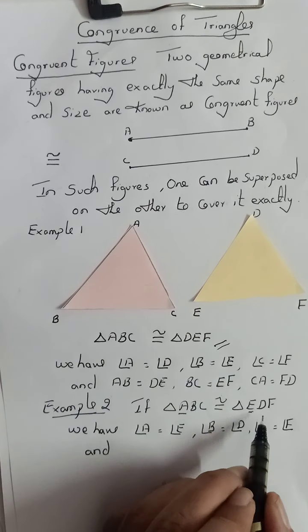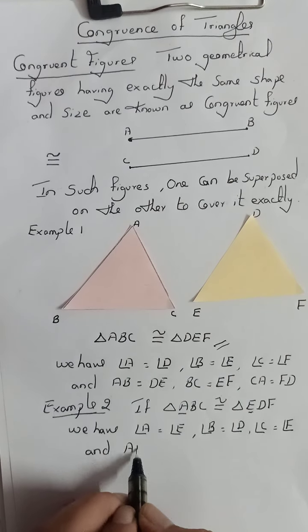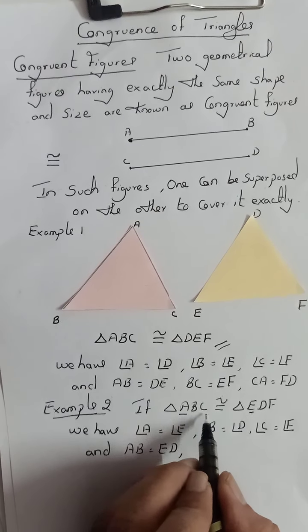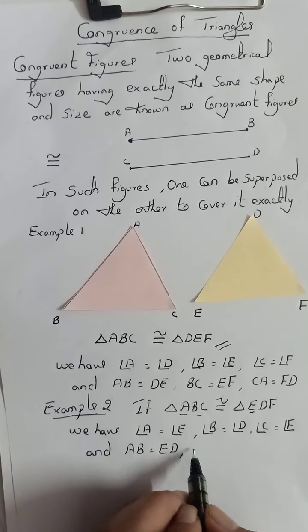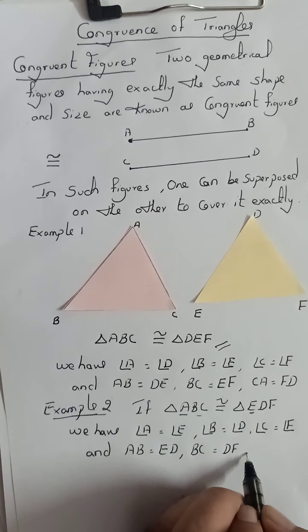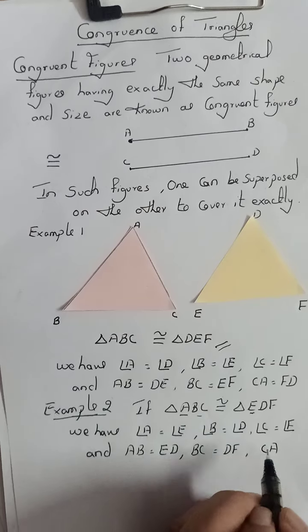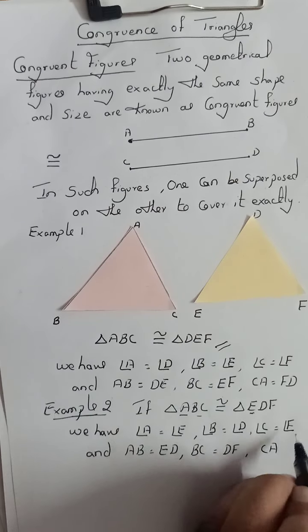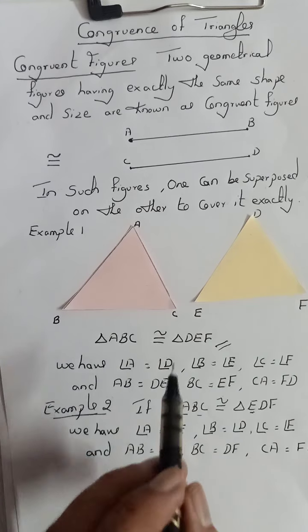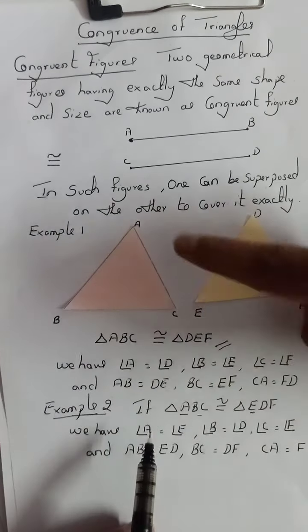First is AB, so side AB will be equal to ED. Then BC, the next one, will be equal to DF, and then CA, the next one, will be equal to FE. Clear?